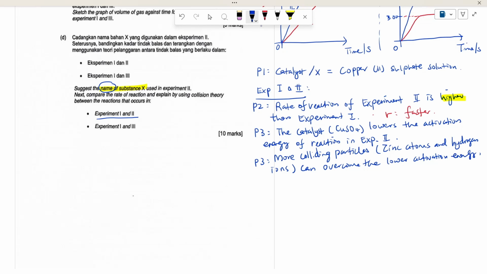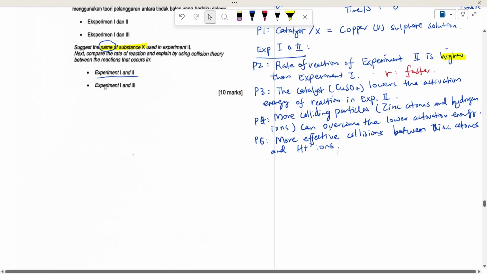Then point number 4, and point number 5: more effective collisions between zinc atoms and hydrogen ions. That's why the rate of reaction is higher.